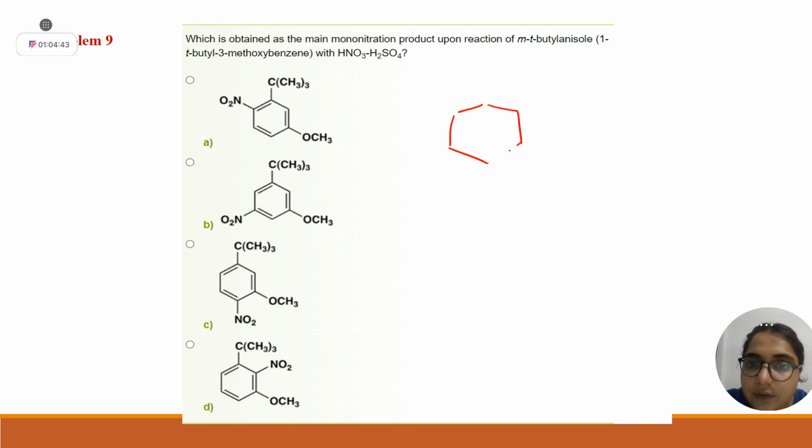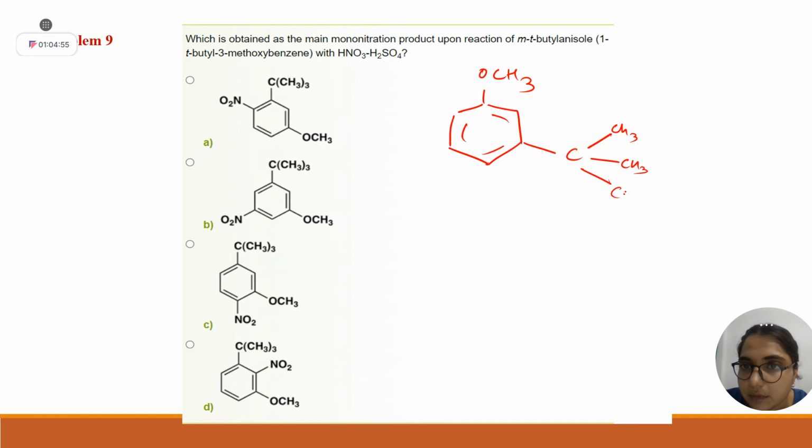Anisole. One of the functionalities is anisole. Anisole means OCH3. Meta tertiary butyl. 1-tertiary butyl-3-methoxybenzene. This is your starting material. It is going to react with HNO3/H2SO4.